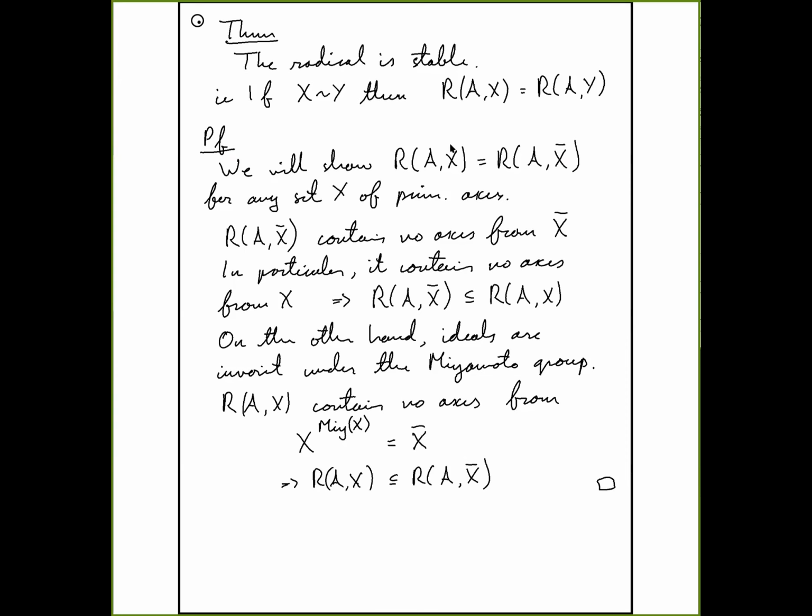And then you mentioned that we take y to also be a primitive set of axes. So what does this equivalence relation preserve? Does it give us a clue that this y might already be primitive by this equivalence relation and maybe some other extra condition, or does it give no clue on that?